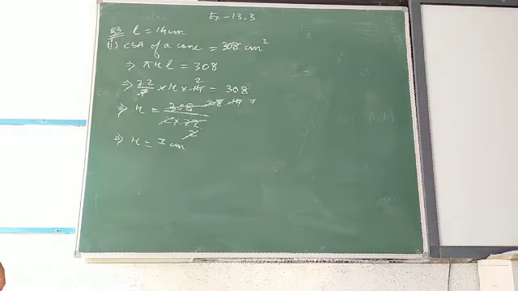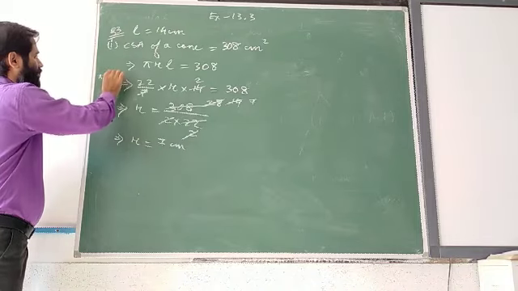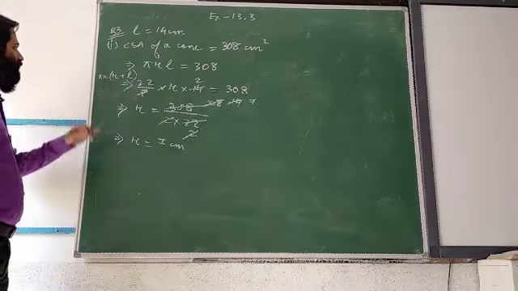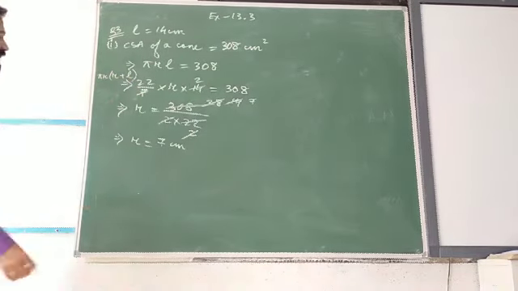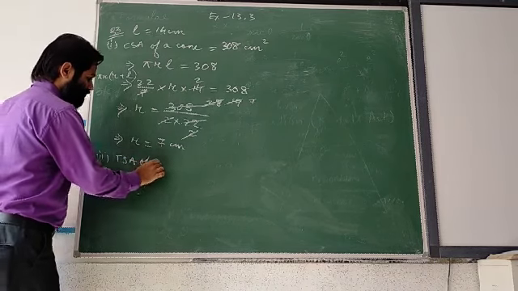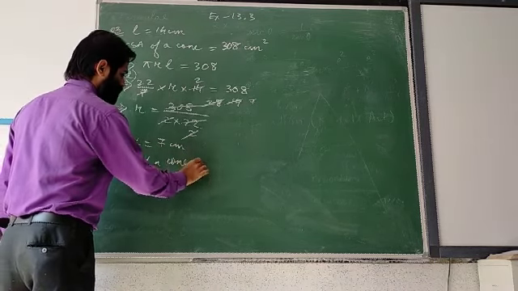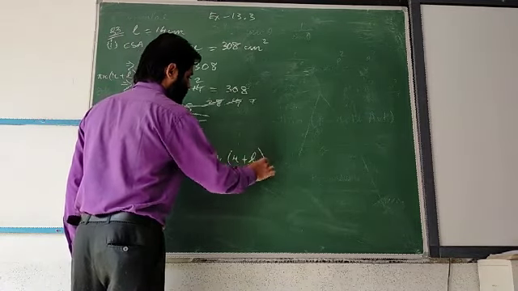TSA. Now you know that TSA of a cone is pi r into L plus r. The formula is pi r into r plus L or L plus r. Do we know r? Yes, sir. Do we know L? Yes, sir. Then we can apply. Number 2, TSA of a cone equals pi r into r plus L or L plus r, your choice.